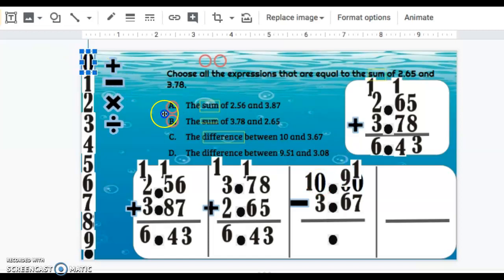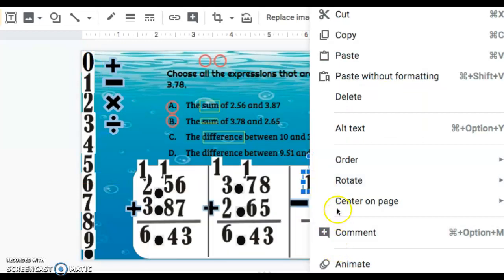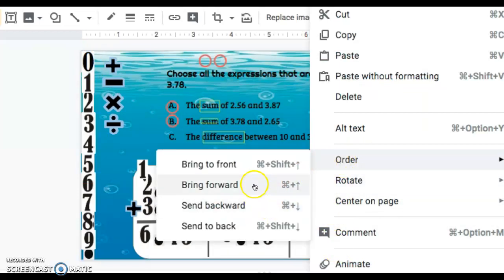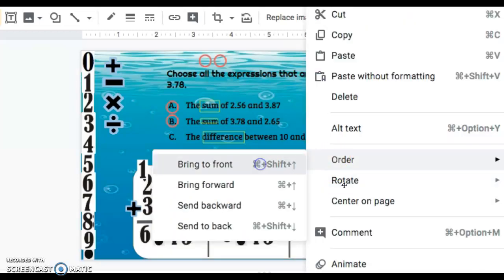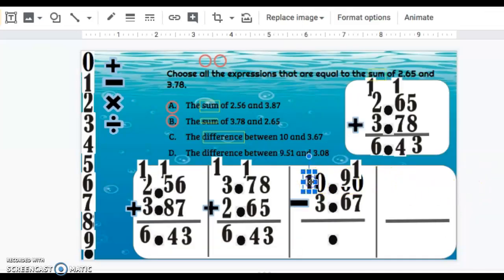So the first 1 becomes a 0. Then this 0, oops, it went behind it. So hold on, let me. It becomes a 0. There it is. So it becomes a 0, and then the next 0 becomes a 9.